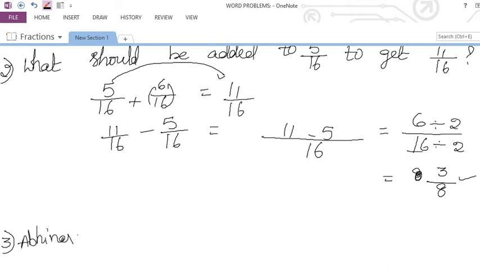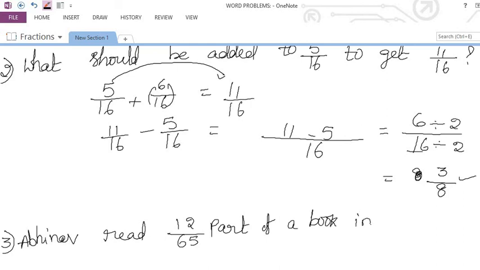See, they are talking about two persons. One boy's name is Abhinav and the other boy's name is Sohan. They both read the same book. Let me write the question, I'll explain. Abhinav read 12 by 65 part of a book in 1 hour, and the next person's name is Sohan.